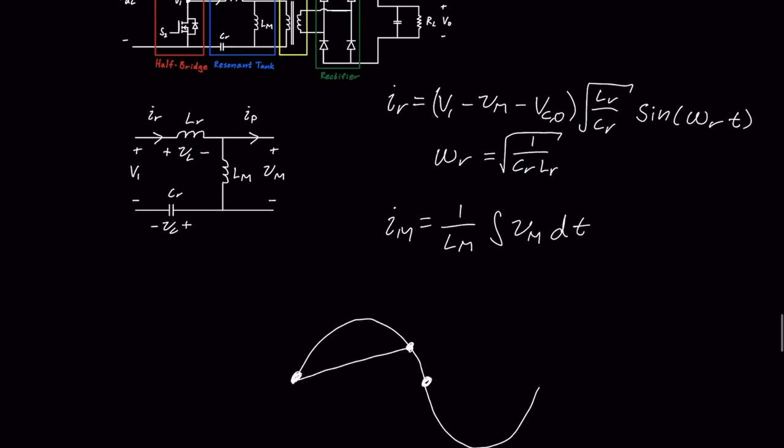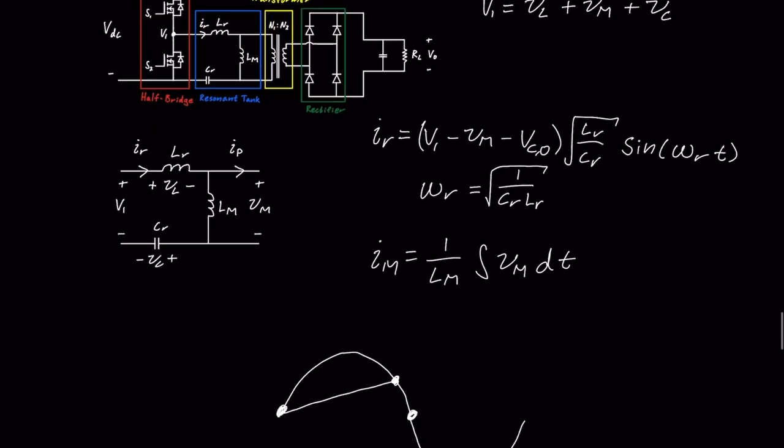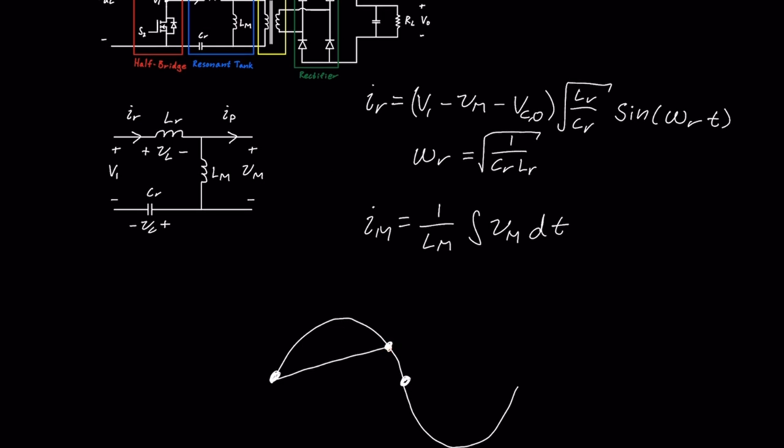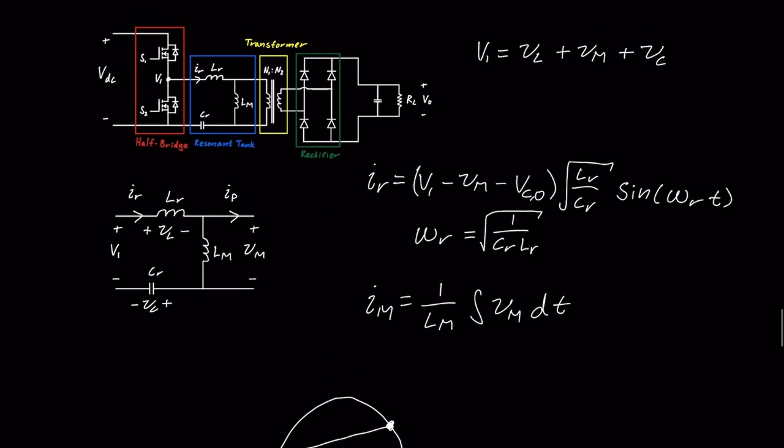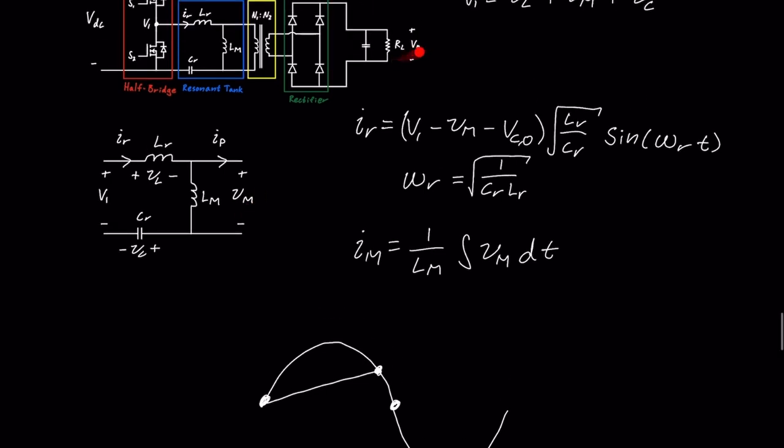Now, but what happens when they meet? When they meet, we can see that the current flowing here equals IR minus IM, which is at this point 0. So there will be no current flowing through the diodes, which means that it would be an open circuit. So VM would no longer be defined by the output voltage.